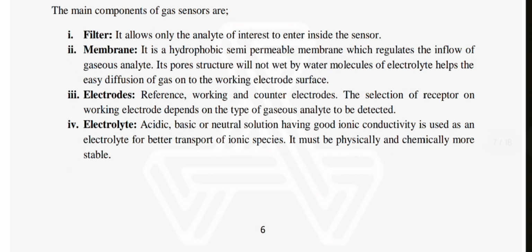Electrodes. Reference, working and counter electrode. The selection of receptor on working electrode depends on the type of gaseous analyte to be detected. Electrolyte. Acidic, basic or neutral solution having good ionic conductivity is used as an electrolyte for better transport of ionic species. It must be physically and chemically stable.